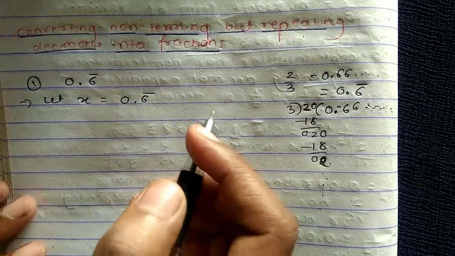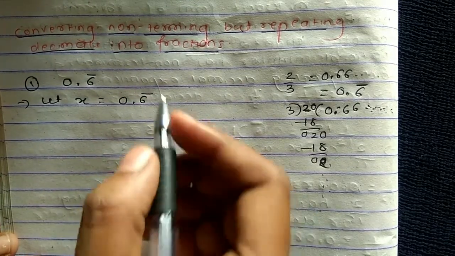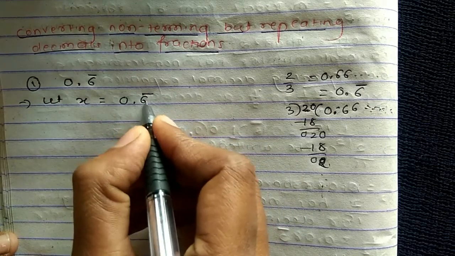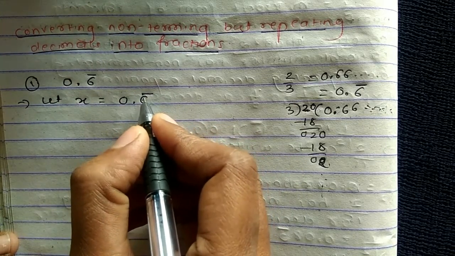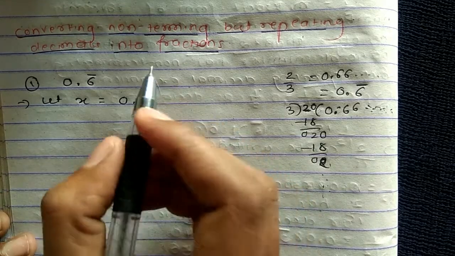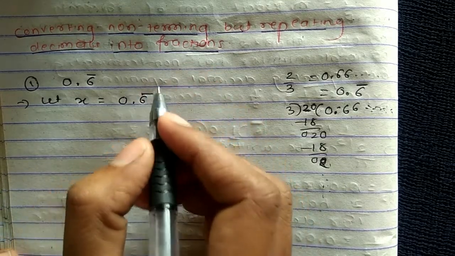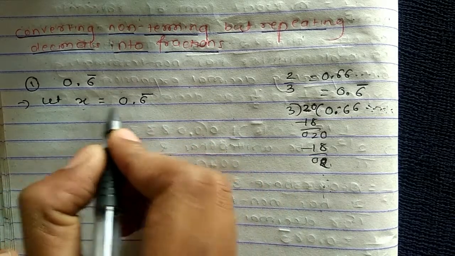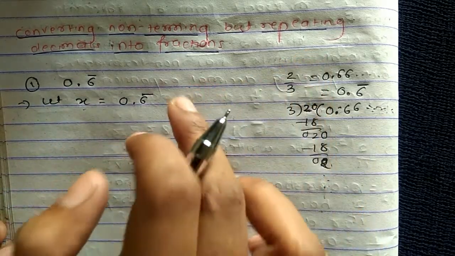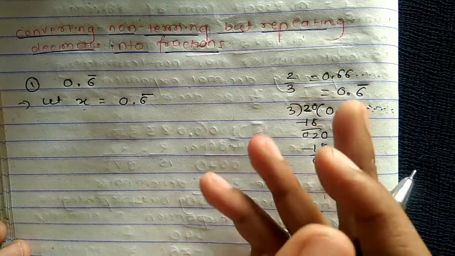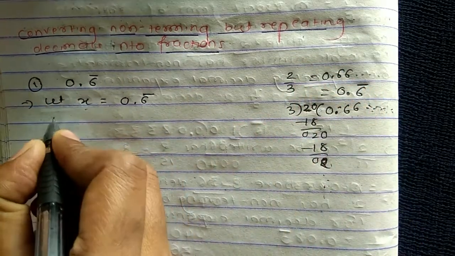Now we can see that only one digit is repeating, only 6, because there is a bar over the 6. So only one digit in the decimal part is repeating. So we will multiply both the sides by 10. If two digits are repeating, you have to multiply with 100, and like that.